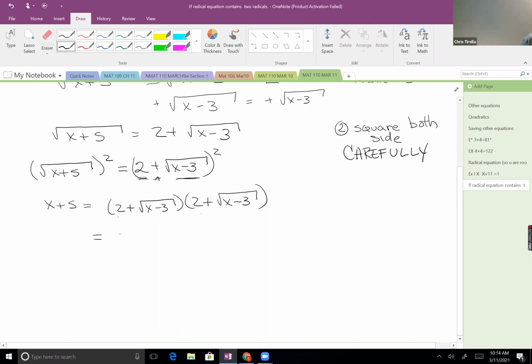First, 2 times 2 is 4. Outer, 2 times the square root is 2 times the square root. Inner, the square root times 2 would give me 2 times the square root. Last, the square root times itself would be squaring the square root, and that just leaves me with the x minus 3.